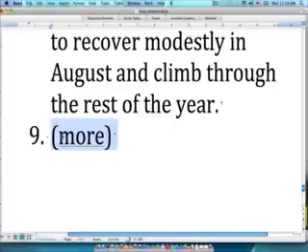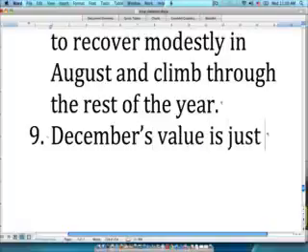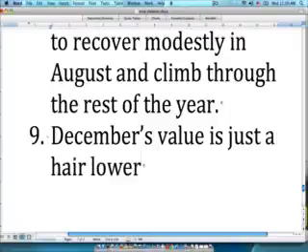So we could start this by stating December's value is, we'll say, just a hair lower than January's.